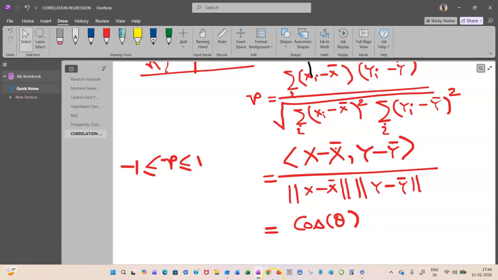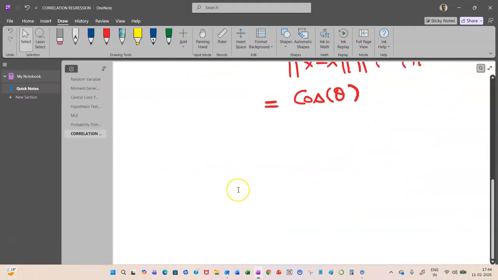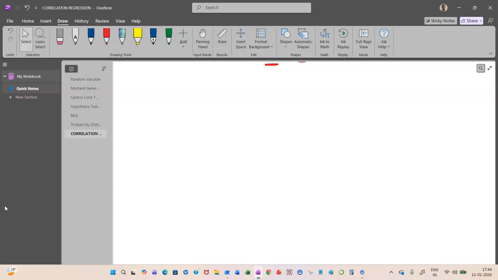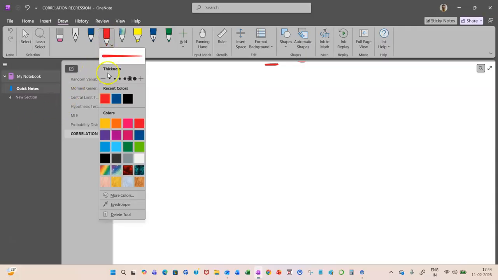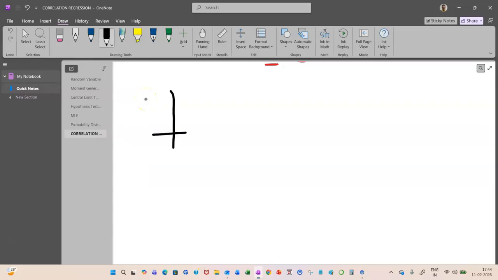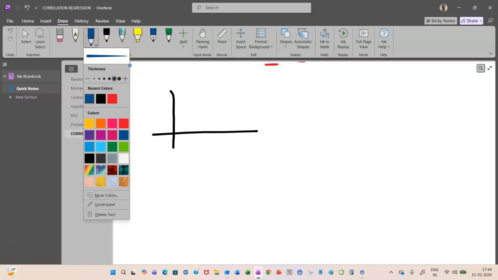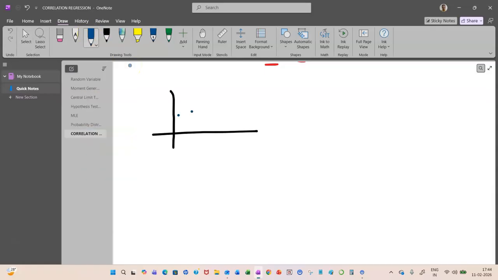If we look at the case r equal to 1, the data lie on a straight line with positive slope.